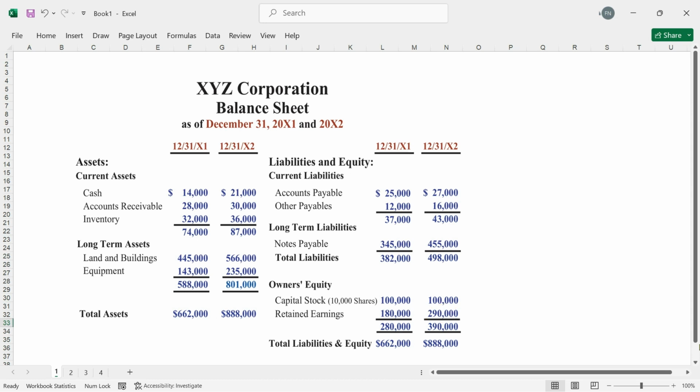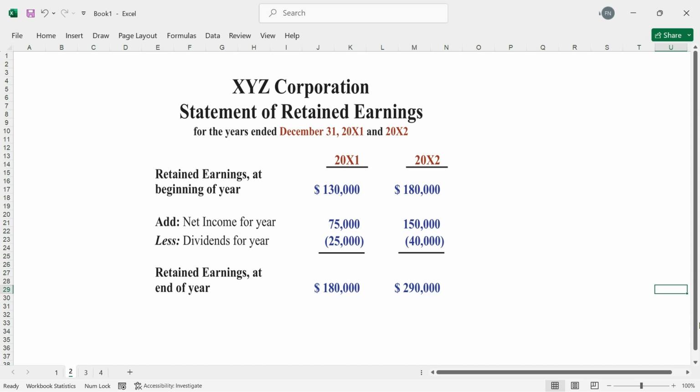And really what we've done here is simply explain what happened that would cause the change in retained earnings from the balance at the end of X1 to the balance at the end of X2, going from $180,000 to $290,000 during that year. The explanation is that we were profitable to the tune of $150,000 less $40,000 of dividends distributed out of those earnings to the owners.